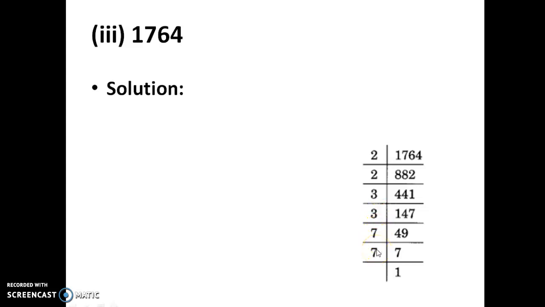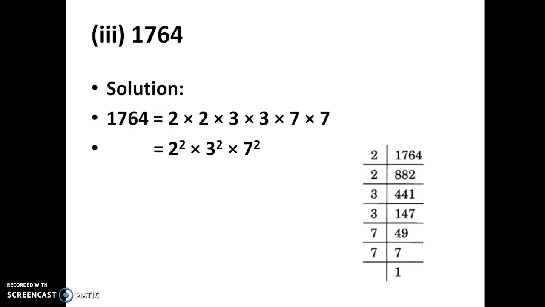One pair each of 2, 3 and 7. So 2 square into 3 square into 7 square. When you take the square root, you will get 2 into 3 into 7. 2 3s are 6, 6 7s are 42. So the square root of 1764 is 42.